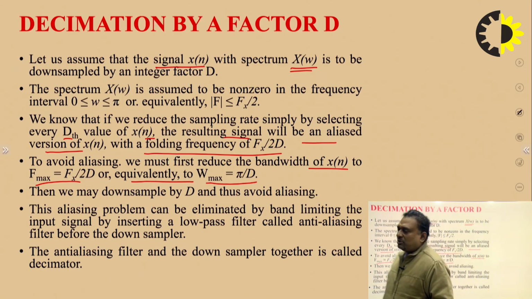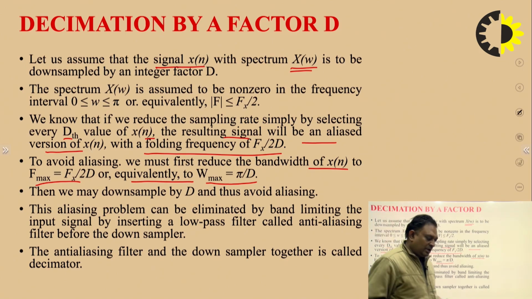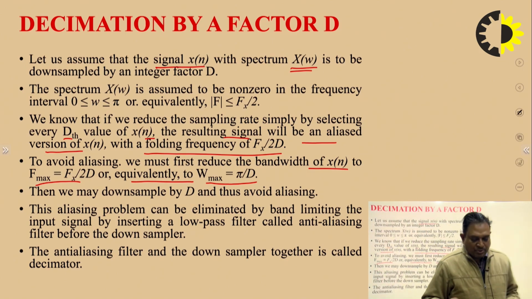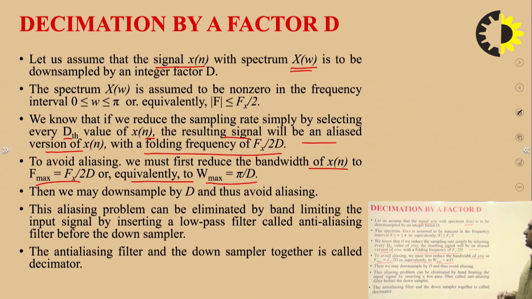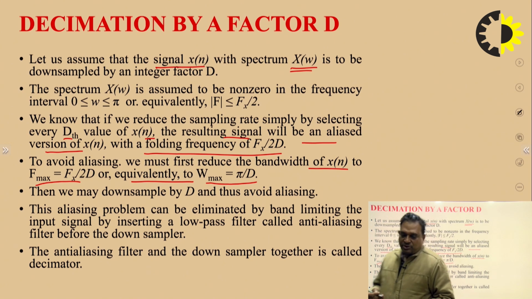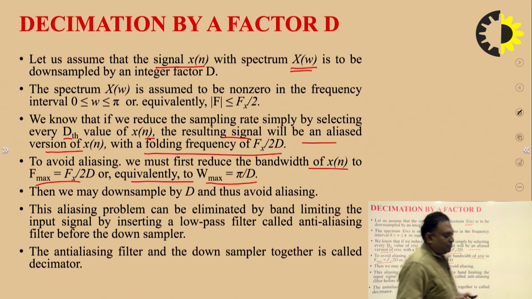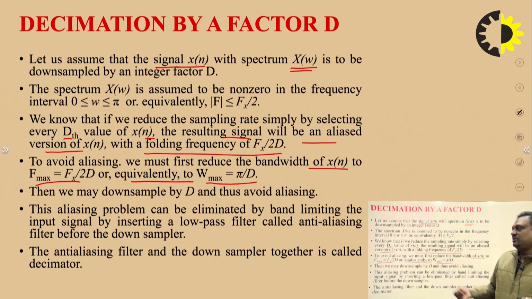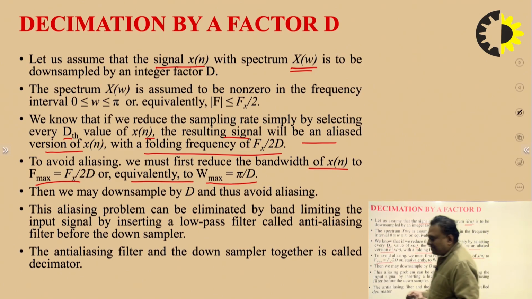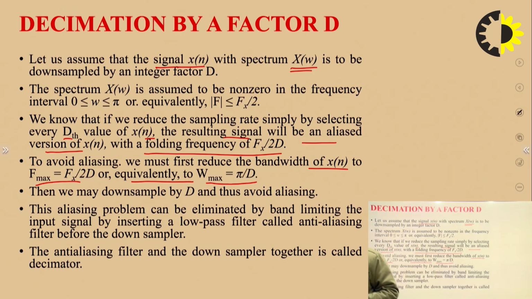So in simple words, you can predict from here, in the process of decimation, what happens? The signal is compressed in the time domain, so it will expand in the frequency domain. If it expands in the frequency domain, then the aliasing effect occurs.